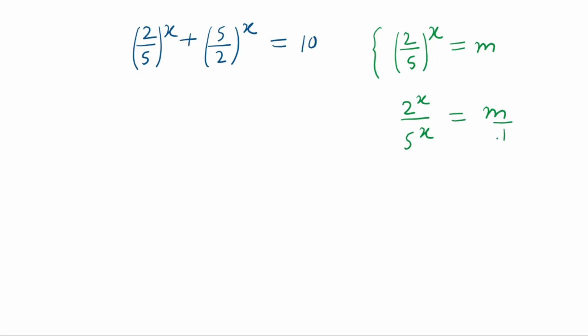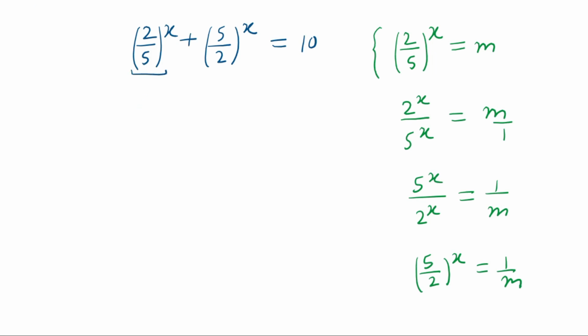Now if we take the reciprocal of both sides, then in the left hand side 5 power x over 2 power x is equal to 1 over m, and this expression is the same as 5 over 2 bracket power x, equal to 1 over m. Here if this expression is m, then this expression is 1 over m, and m plus 1 over m is equal to 10.